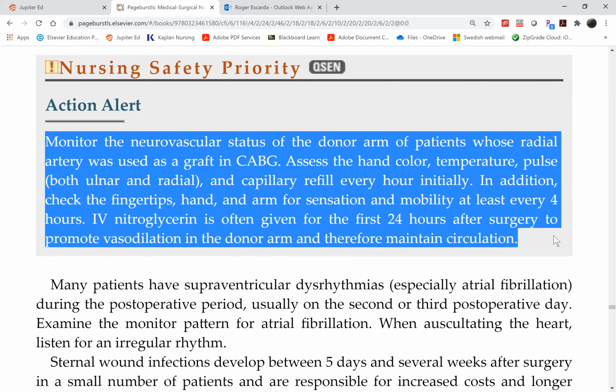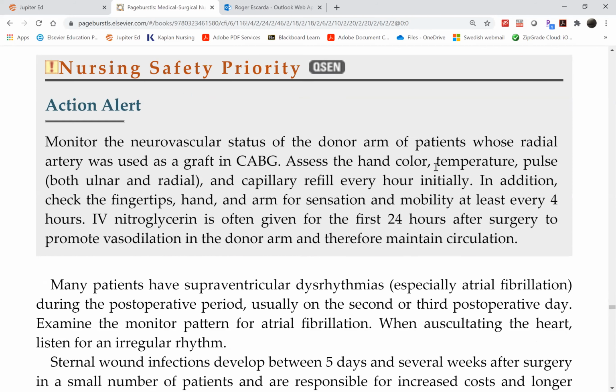So for internal mammary artery, no problem, because it was from an artery. But this one, if it's from the leg, then you have to monitor those harvest sites as well. So check for circulation and perfusion of the distal part of that leg from where they got the vein or veins from.